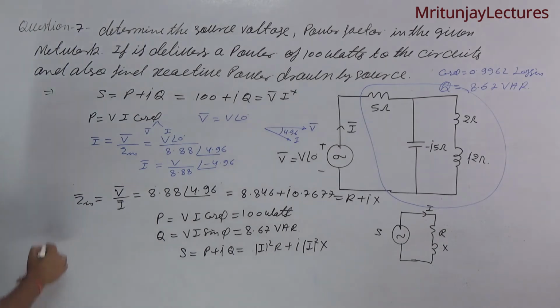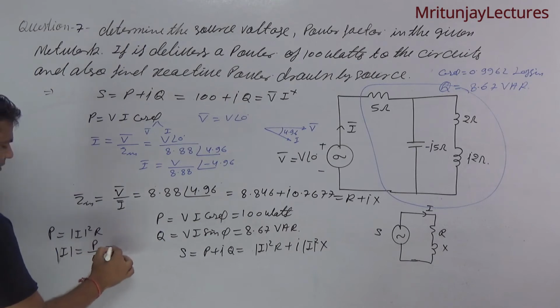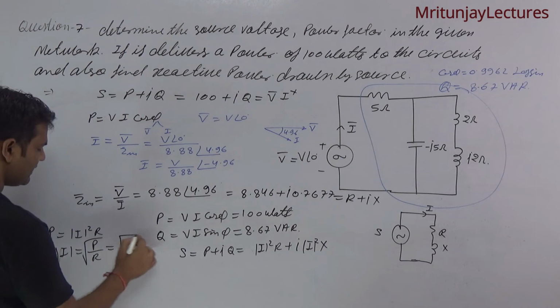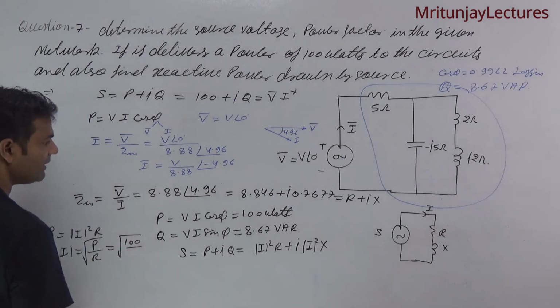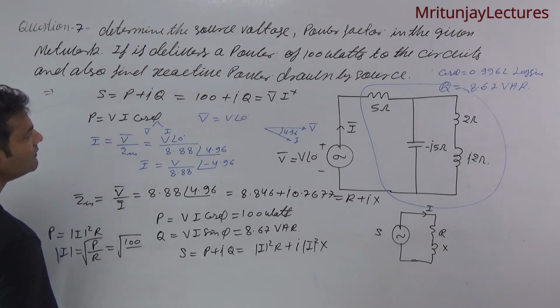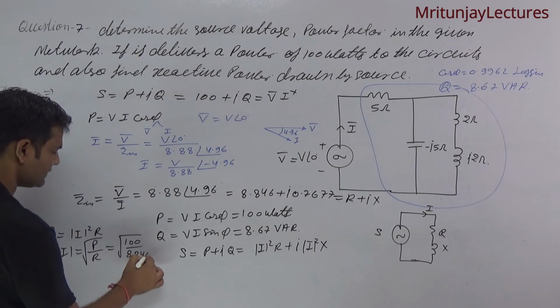Okay, means if you determine I, then I is the under root of P divided by R. So that is 100 divided by R, and R is 8.846.